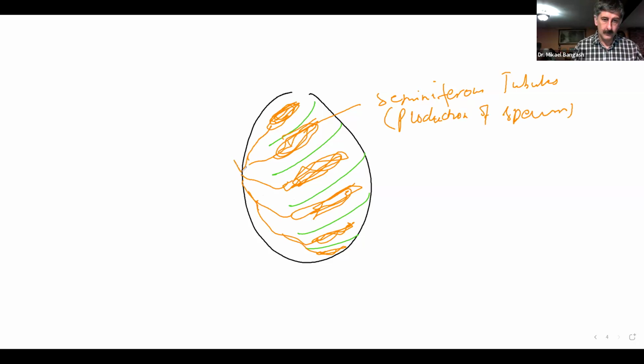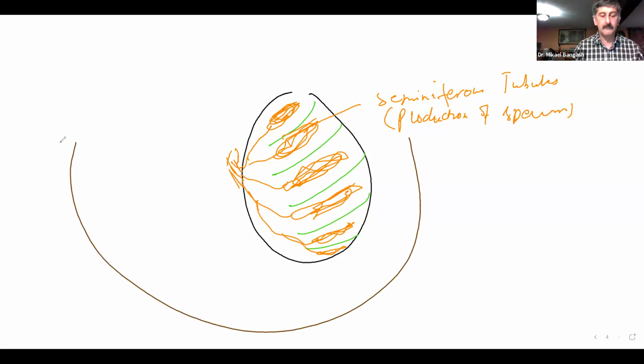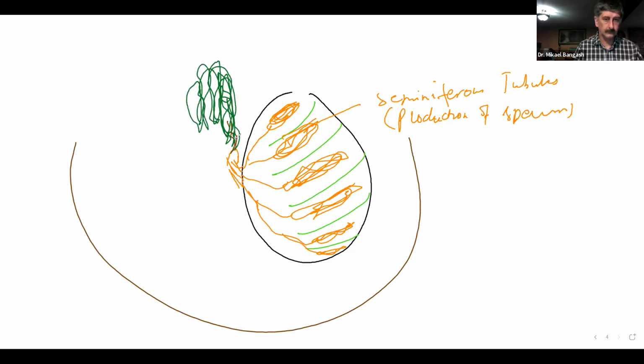Now, they would leave the testes, and outside the testes, but still inside the scrotum, they will unite to form a big coiled network known as the epididymis.